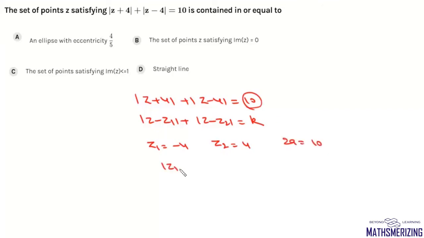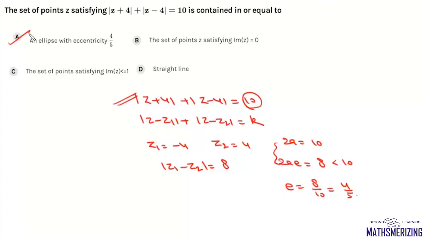Mod of Z1 minus Z2 is 8, so 2ae is 8, which is less than k, which is 10. If we divide these two equations, we get e as 8 by 10, or 4 by 5. So this locus represents an ellipse whose eccentricity is 4 by 5, and that's option A.